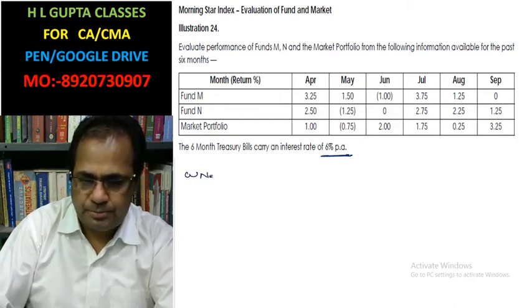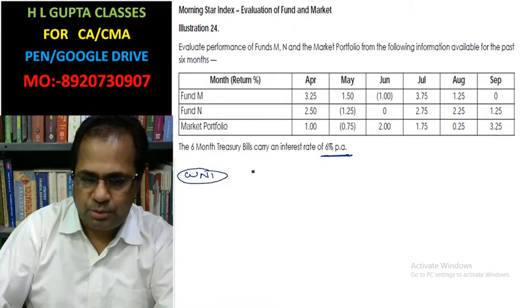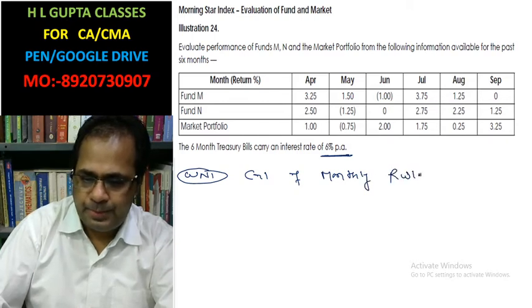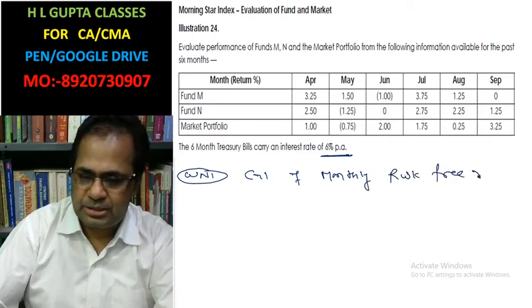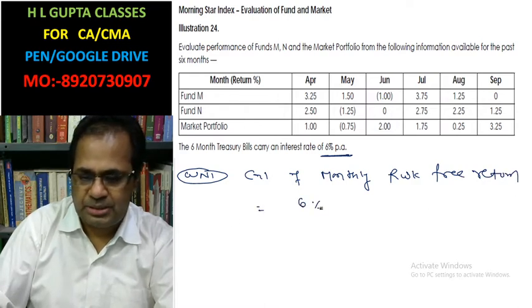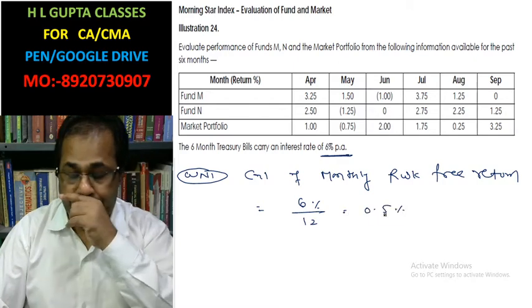Working note first: calculation of monthly risk free return, that is 6% divided by 12, 0.5%.